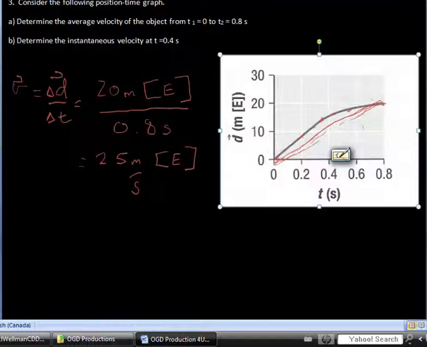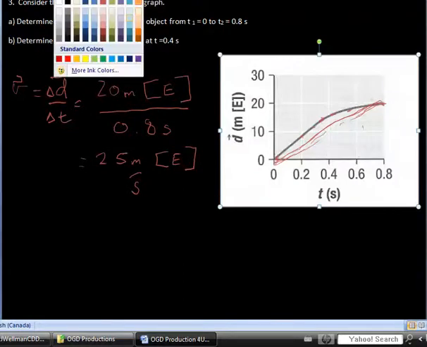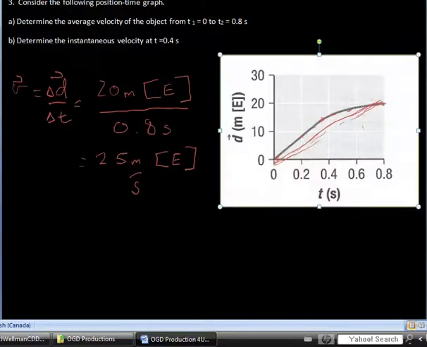And what you'll get is a line that is not as steep as our original line. Because if you can see, if you look at the curve, it is very much beginning to flatten out. So when you draw a tangent to this line, it's not going to be as steep.